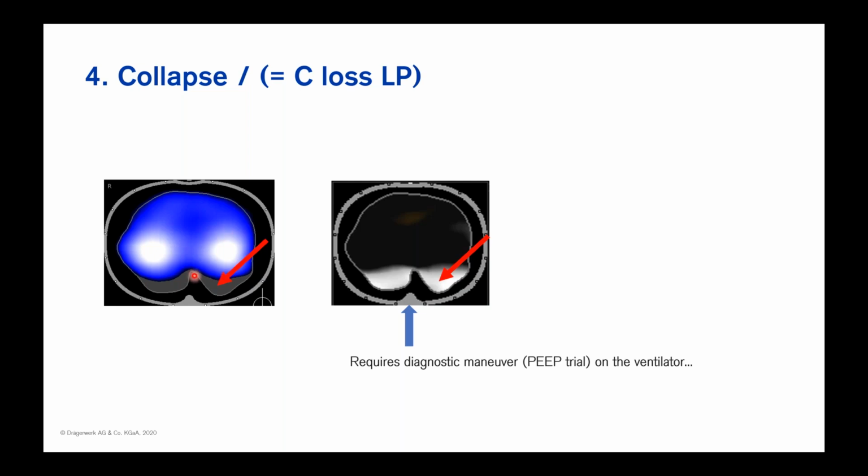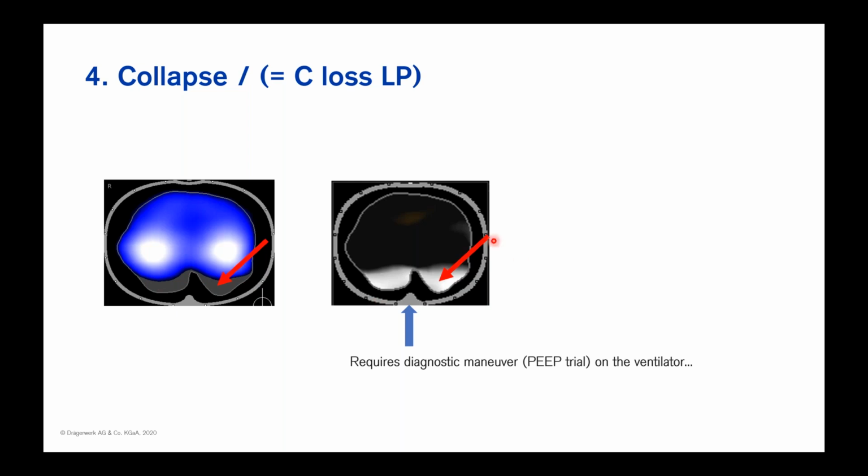You can either, again, display this with a tidal volume information, where you have no dorsal ventilation taking place here, or you could also compare and calculate the drop of compliance towards lower PEEP levels. And when this goes hand in hand with an absolute information on the tidal volumes, then this is an indicator of lung collapse.